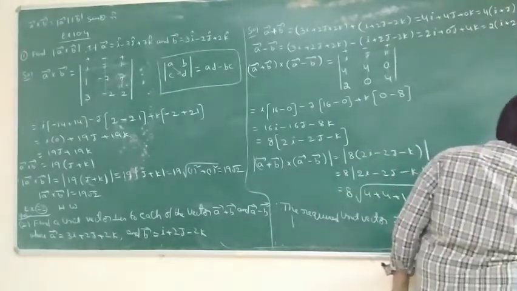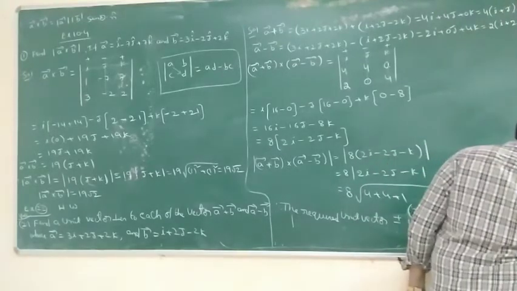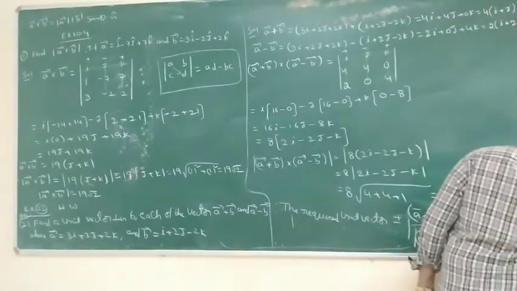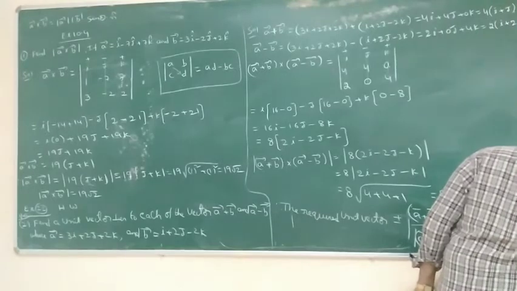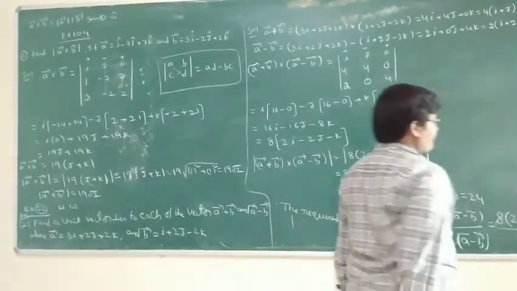So that is equal to plus or minus (2i minus 2j minus k) by 3.